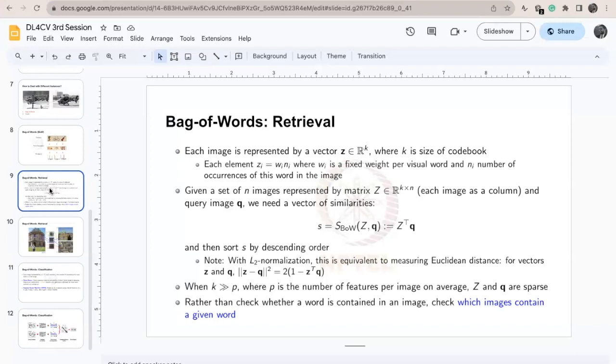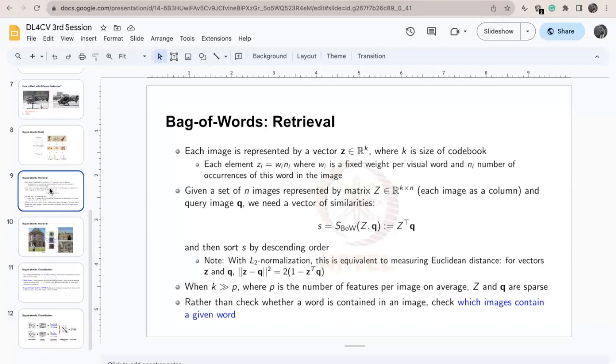We have a query image, and we need to find which of the images in this entire matrix it is similar to. So we take the query image and the entire matrix Z, get a score, and sort the scores in descending order.